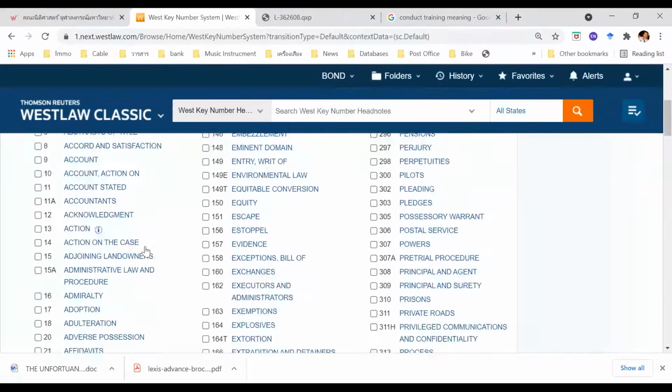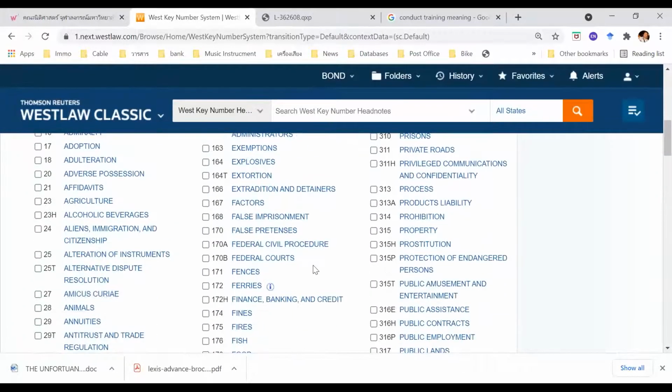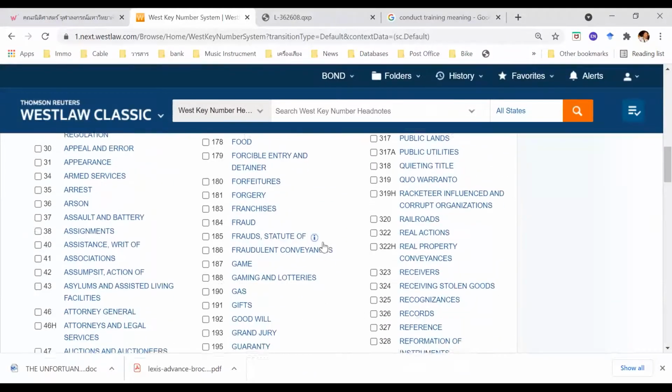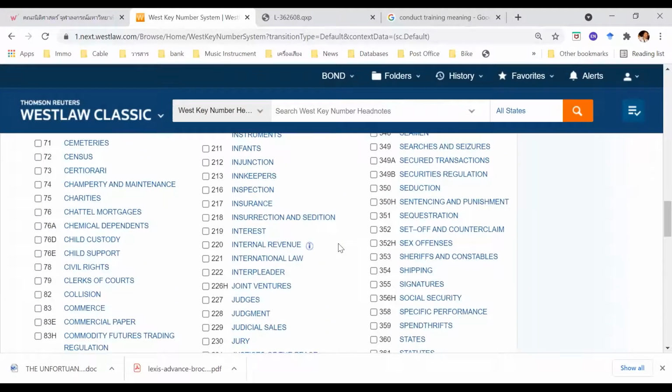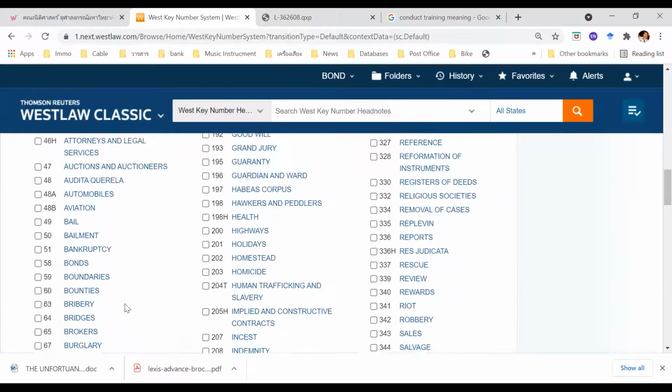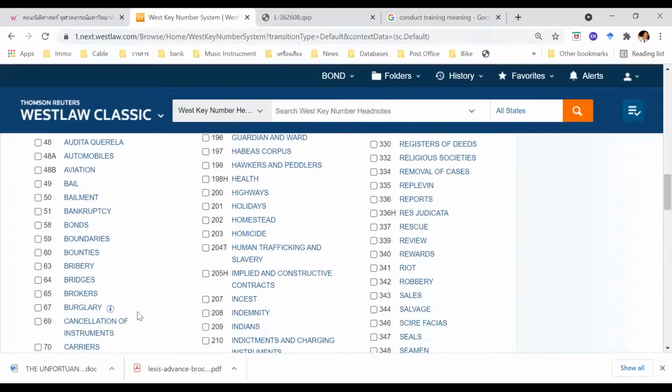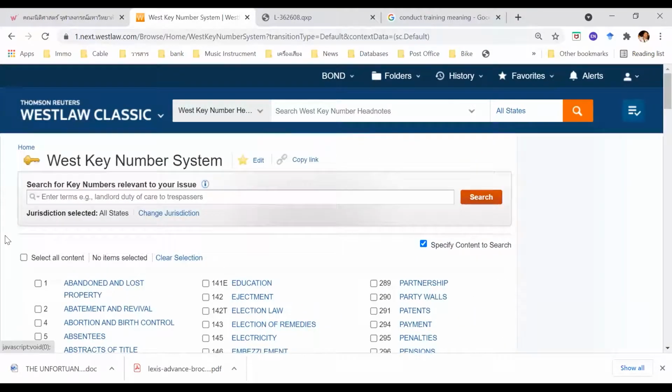If you study international law or international business law or something like that, you can look at international law, and you just click on this and click on this. So you can look at a topic related to you. Bankruptcy, bonds, and something like that. So this is really a way to start using cases.